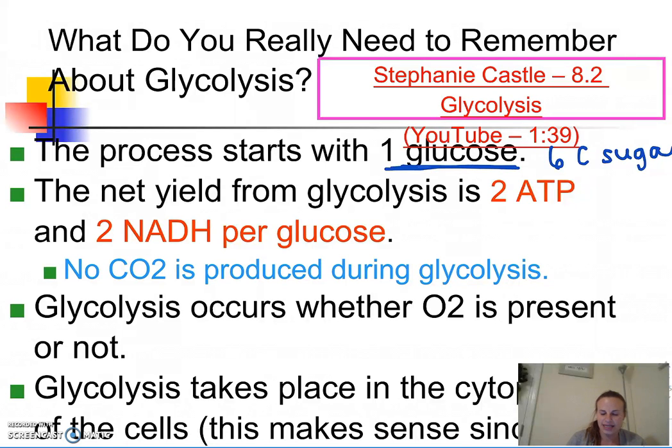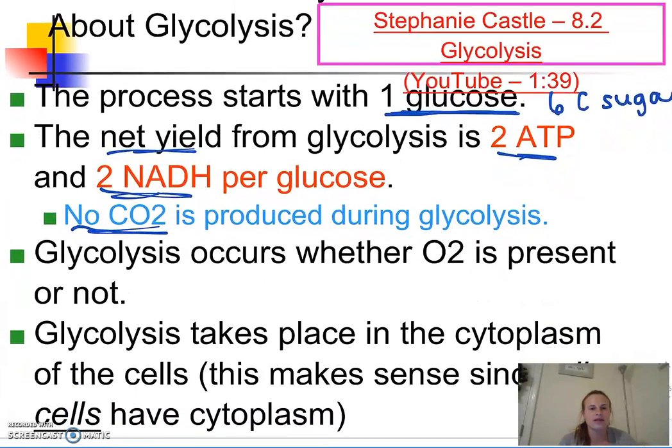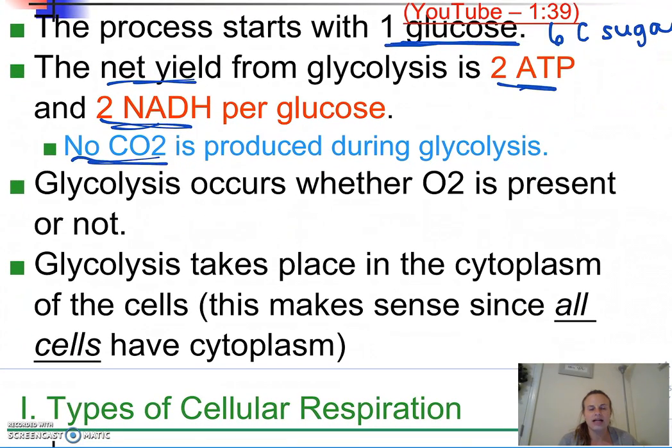The net yield is 2 ATP and 2 NADH, where no carbon dioxide is produced during glycolysis. Glycolysis occurs whether oxygen is present or not. So glycolysis is the first stage in anaerobic and aerobic respiration. Lastly, glycolysis takes place in the cytoplasm, and this makes sense since all cells have cytoplasm.